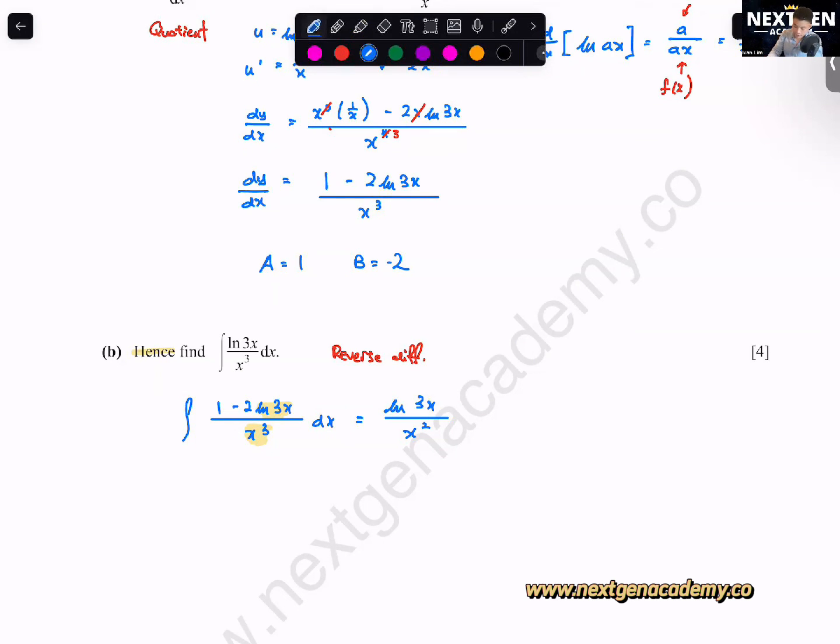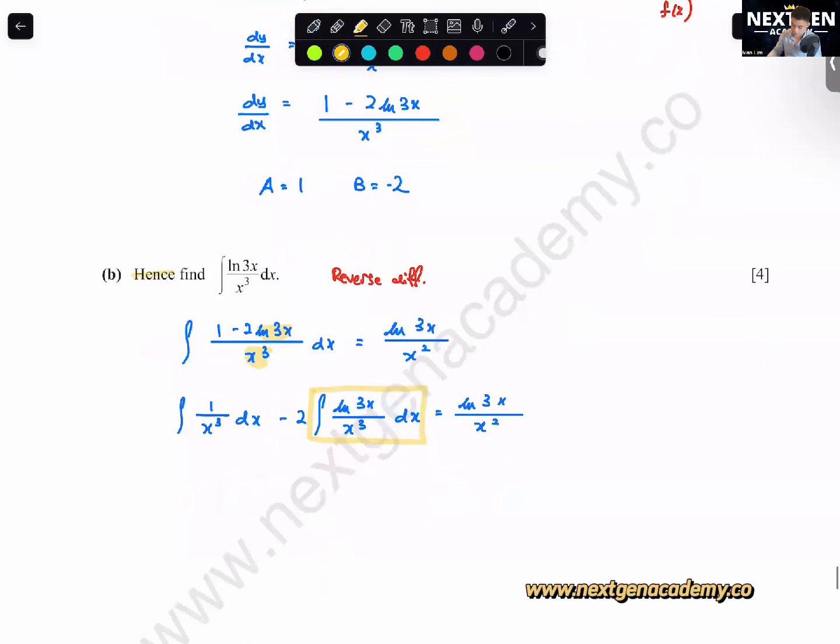So I will split this up first. You write 1 integrate 1 over x cubed dx, minus 2 integrate ln 3x over x cubed dx, equals ln 3x over x squared. I only want this over here. The rest, I'm going to move to the right hand side.